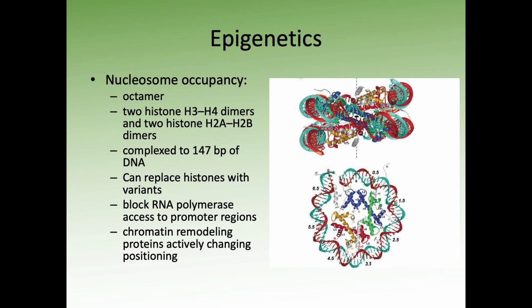There are various histones that can be replaced. There are other variants that can replace these if we need to. But its main function, right, is that these nucleosome placements allow for the folding and packing of DNA, and that physical process and the chemical structure and status of these histones can block or promote RNA polymerase in specific regions.